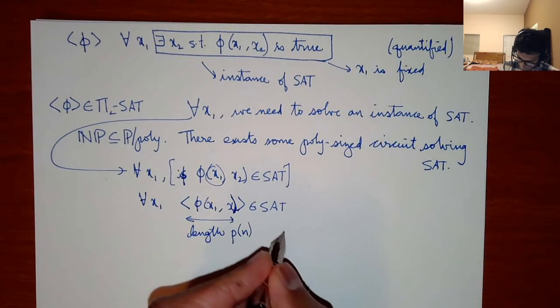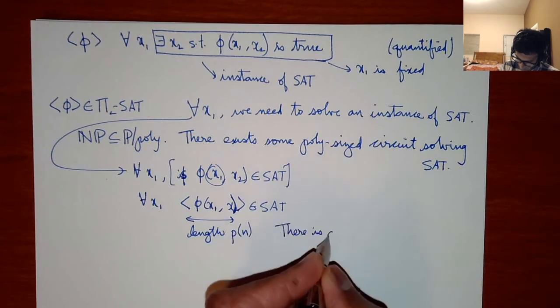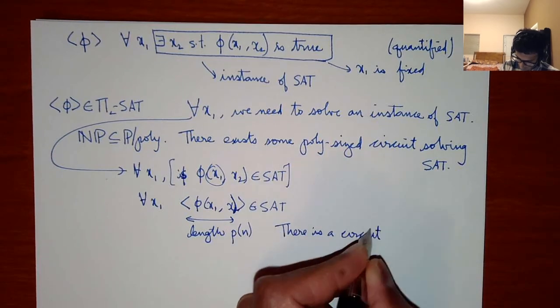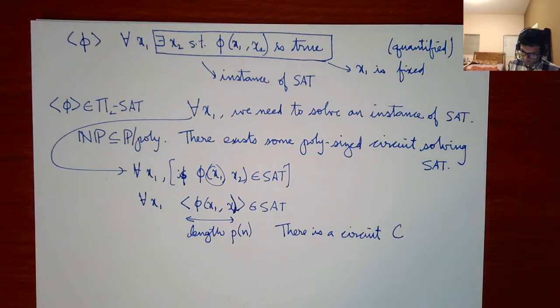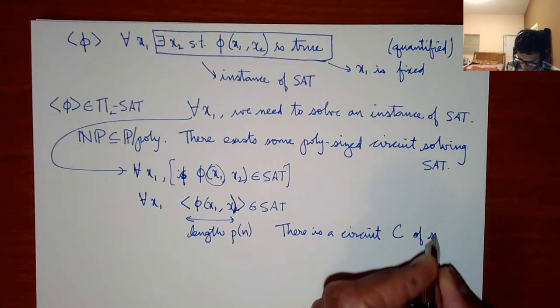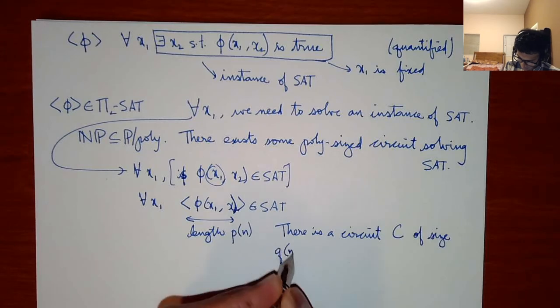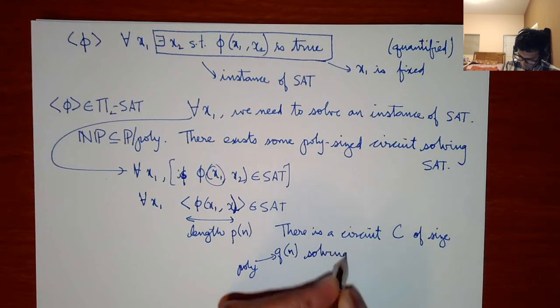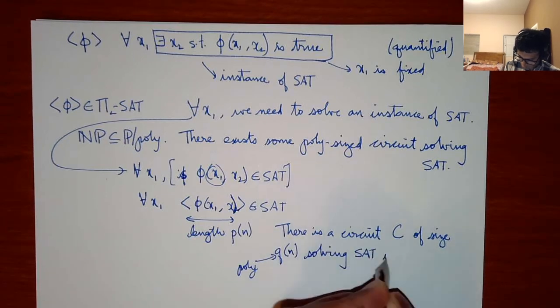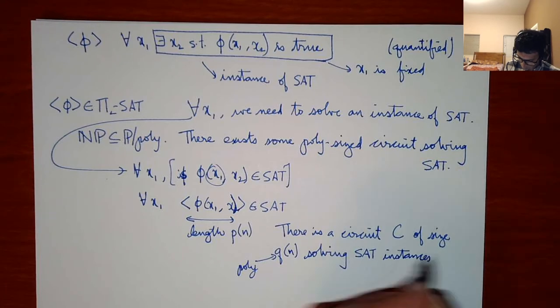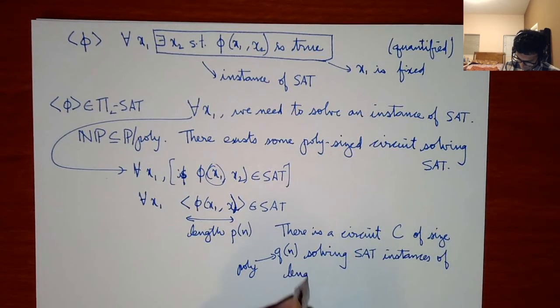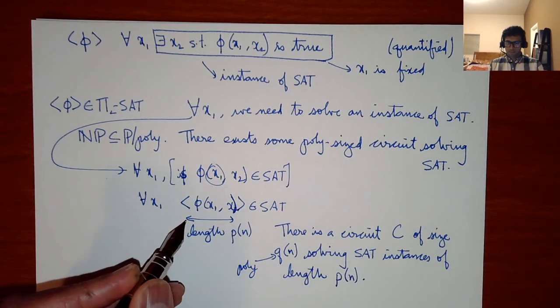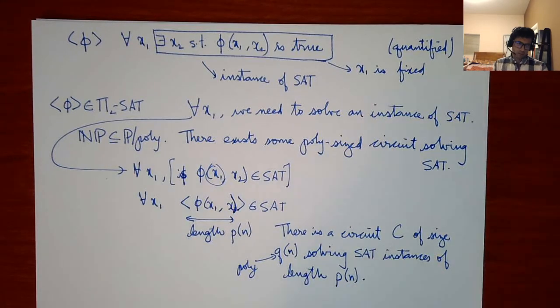So there is a circuit, which I'll call C, of size q of n, which is again some polynomial, solving SAT instances of length p of n. Meaning that there is some circuit. Now we don't know what it is, but we know that there exists a circuit.